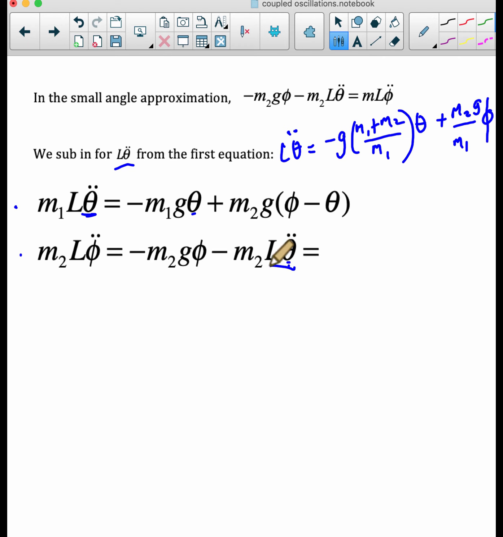All right, so we sub in for L theta double dot, and then we gather the terms in phi and theta.